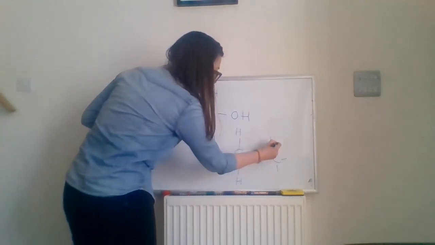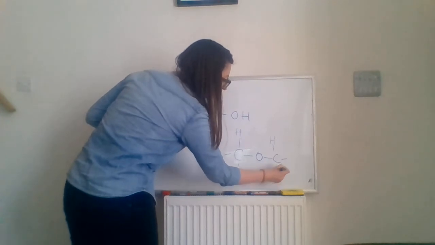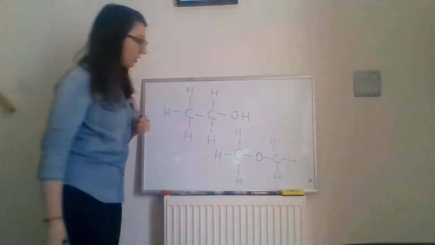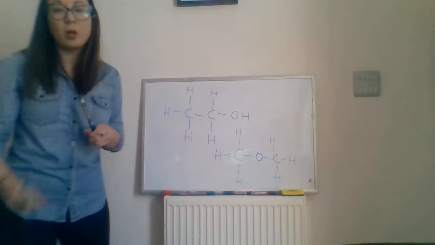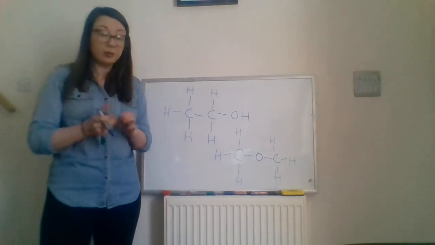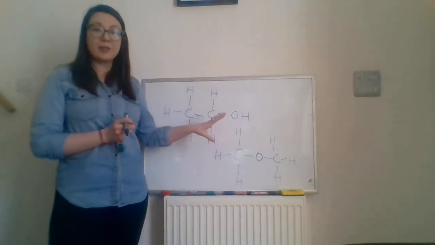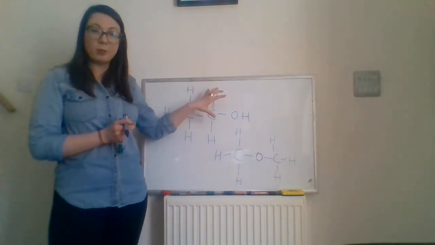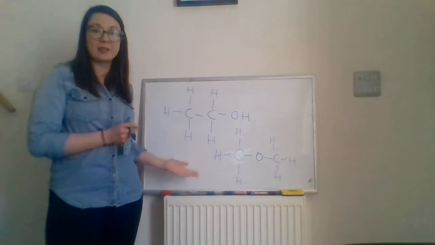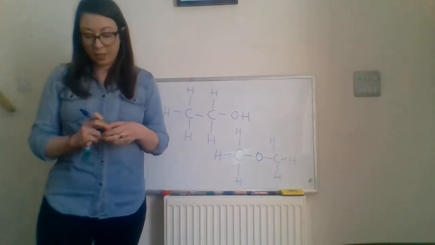If you count them, there's the same number of carbons in each one. There's the same number of oxygens in each one, and there's the same number of hydrogens in each one. But this is an alcohol and this is not. And this will have different chemical and physical properties to this. So this is an example of an isomer. Okay.